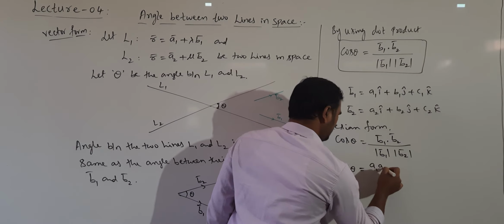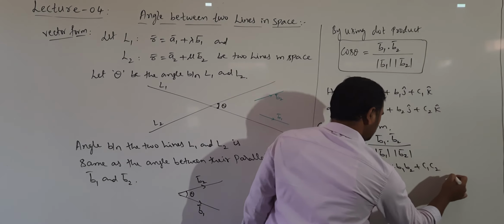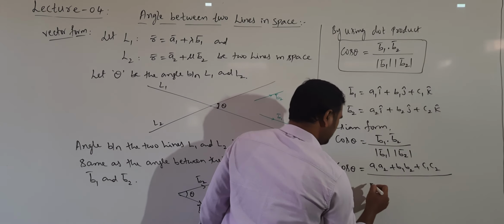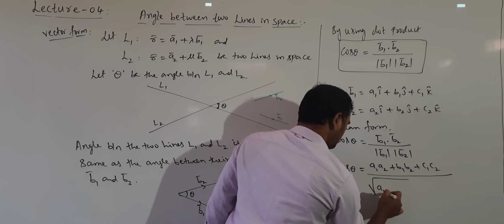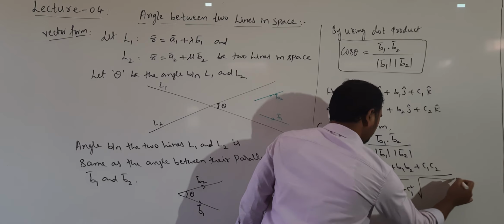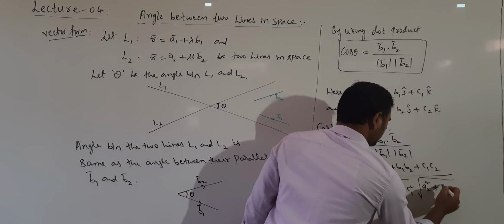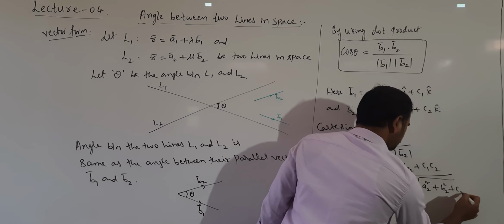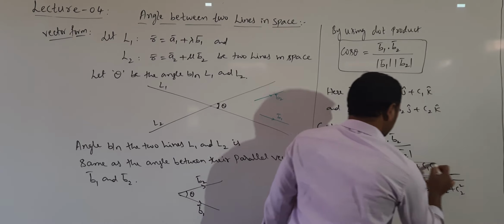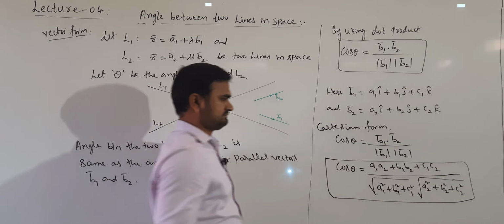It is a1 a2 plus b1 b2 plus c1 c2 divided by magnitude of b1 bar. What is the magnitude of b1 bar? Root of a1 square plus b1 square plus c1 square into root of a2 square plus b2 square plus c2 square. So this is the angle between two lines formula in Cartesian form.